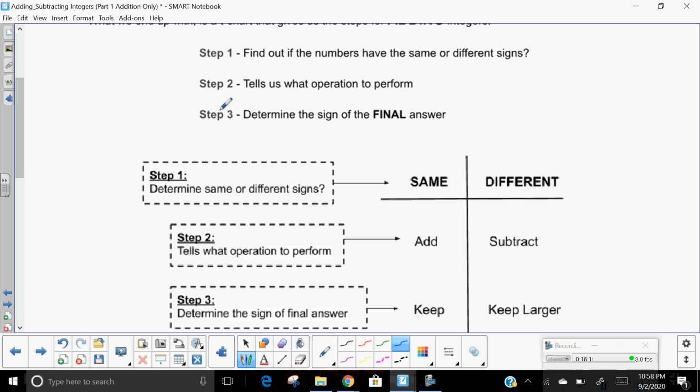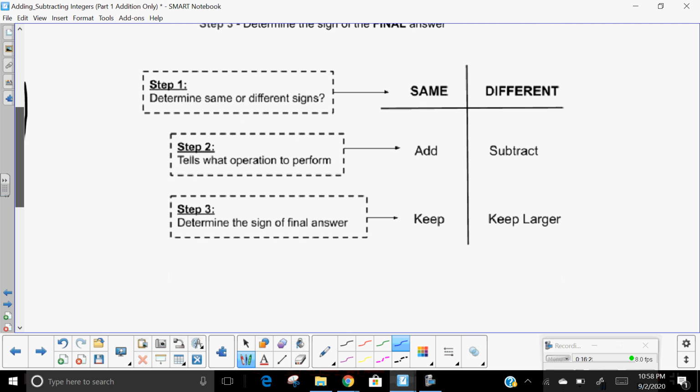And then step 3 tells us how to determine the sign of the final answer. So this is just a more formal version. But again, same sign, add, different sign, subtract, same sign, keep the sign, different, keep the larger.